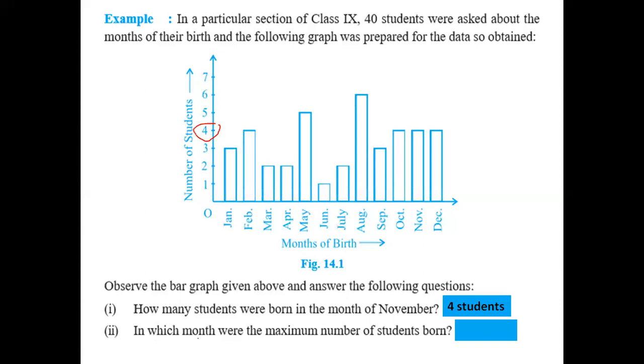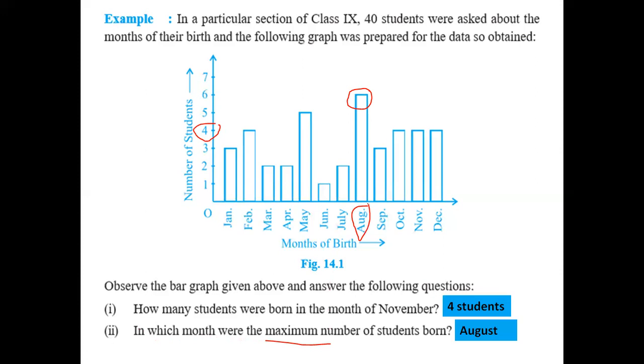Now, in which month were the maximum number of students born? You go and see here. The height is maximum in this case. So we just need to see the month and the month is August. So I write down that in August there were the maximum number of students born.